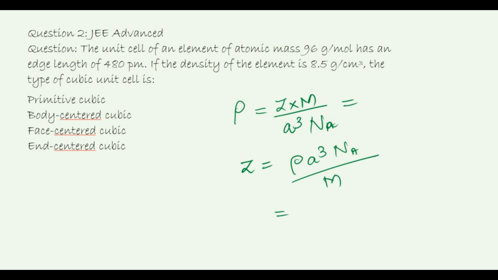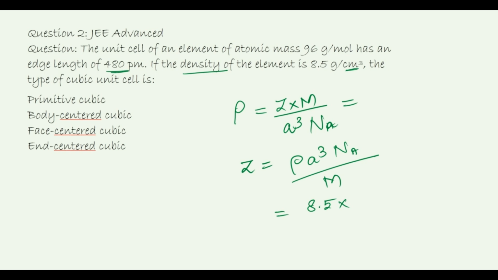So what is the rho value? Density 8.5. a cube, edge length 480 picometers. I have to convert it to centimeters because density is given in centimeters.